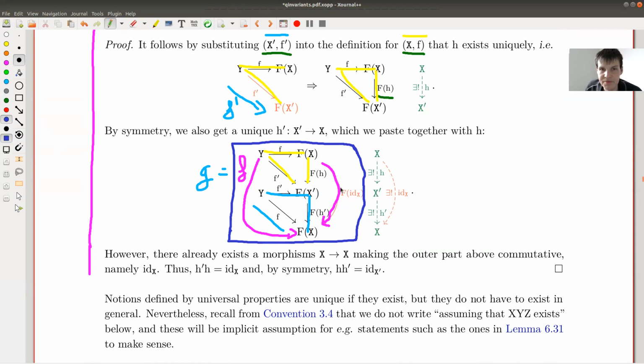And then you realize that if this is the identity map, this composition actually is invertible. So this is H and H prime. So H and H prime are invertible and unique. So you have found a unique invertible map from X to X prime and from X prime to X, such that everything works. It might have been a little bit too quick.